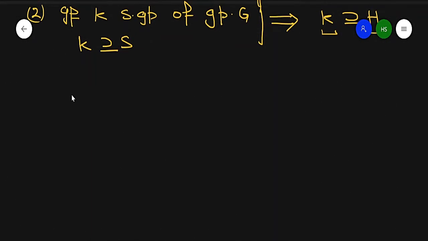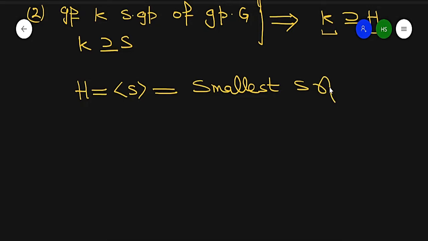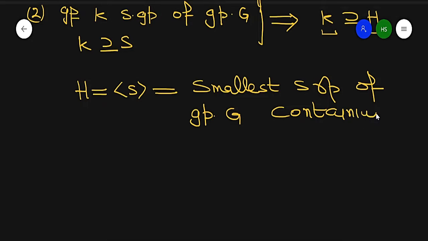So what does it mean? It means this H which is generated by S is the smallest subgroup of group G which is containing S. So what is the definition of H generated by S?